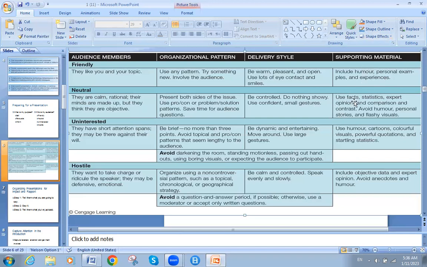What about the supporting materials you would use with the neutral? Use facts, because these people usually depend on their minds to make decisions. So they want an argument, evidence. So use facts, statistics, expert opinion, and comparison and contrast. All the logical thinking, anything of proof. For example, high cholesterol leads to problems in the heart.